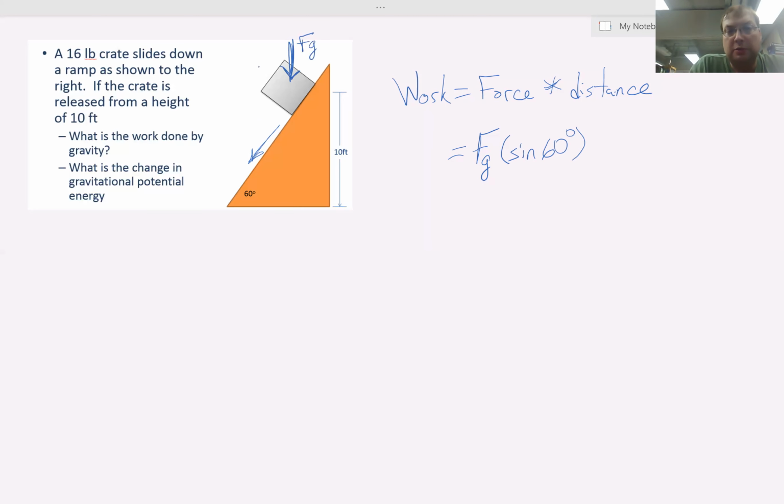We want to split that into a force of gravity that is parallel to the surface and a force of gravity which is perpendicular to the surface. So what we want is the force of gravity which is parallel, which is the force of gravity multiplied by the sine of the angle of the incline, which in this case is our 60-degree angle.